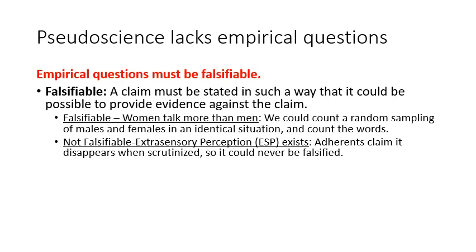It's falsifiable. How about the second claim? The second claim is not falsifiable. And the claim is ESP exists. ESP, extrasensory perception, is like mind reading. So you might say we could test this and prove that it doesn't exist. So we show someone a deck of cards and we pull a card and we say, what card am I holding, without showing them the card.